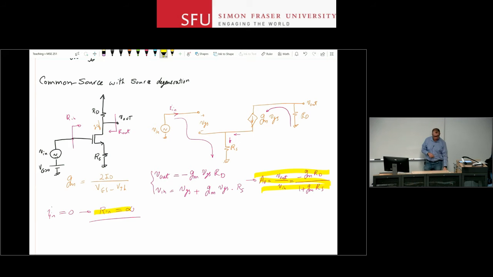Where do I need an infinite input resistance? Where does that help me a lot? Well, in a typical voltmeter, you're putting the probe of the voltmeter on a node in your circuit. You don't want the voltmeter to affect the operation of the circuit. So there should be no current going into the probe of the voltmeter. What do you use? You use the gate of a MOSFET at that point and take the voltage at that node and amplify it using a MOSFET instead of a BJT.